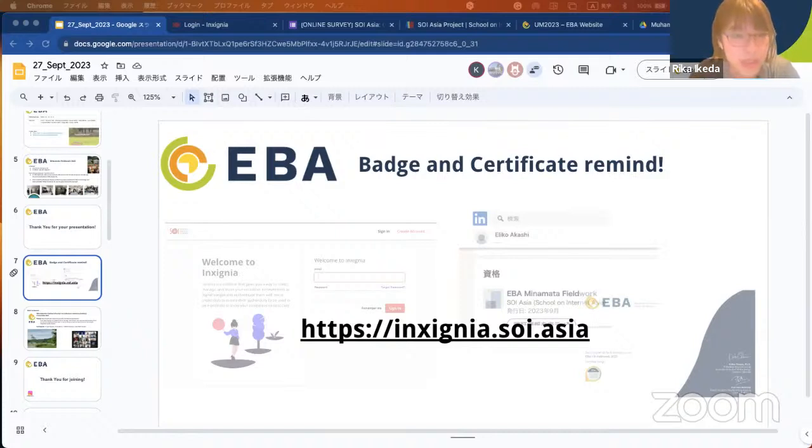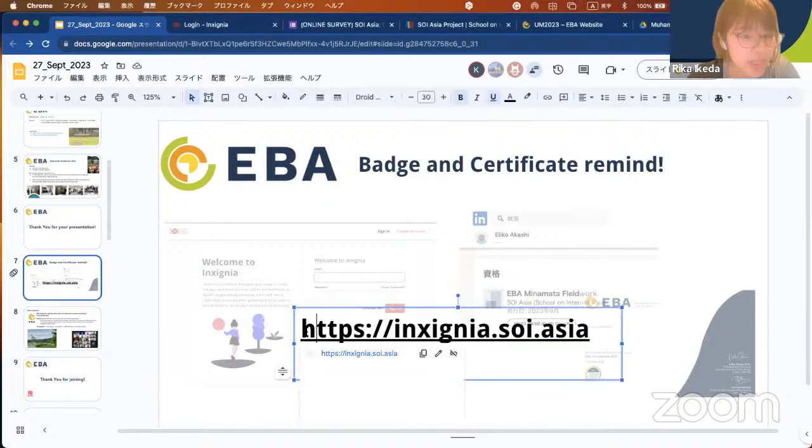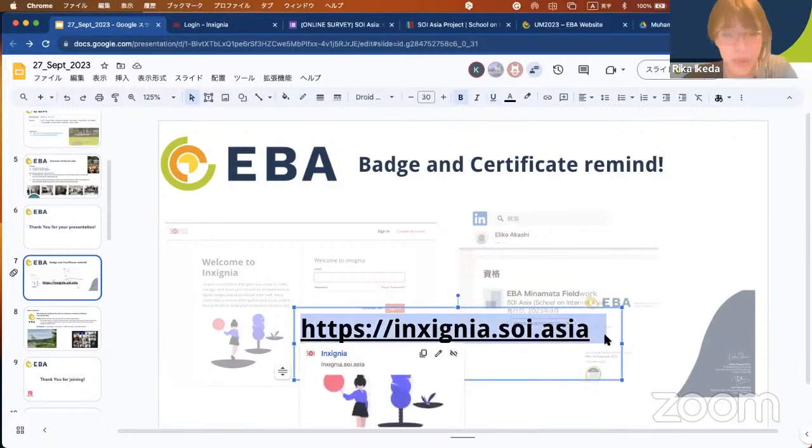You may have already received an email from Akashi-san about this, but we will issue digital badges and PDF certificates to certify your learning achievement in the EBA program using a micro-credential system called Insignia. If you haven't created an account yet, please create your account using the link as you can see on the slide. We plan to issue them by tomorrow. If you have any questions, please feel free to contact me. You can find my email address on the document Akashi-san sent. Thank you, that's all from me.